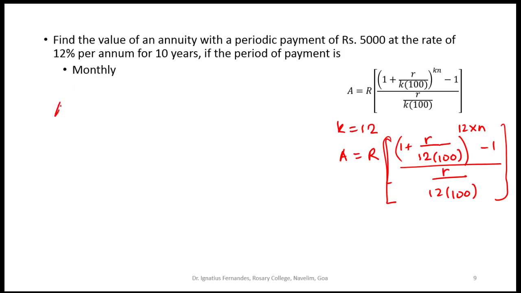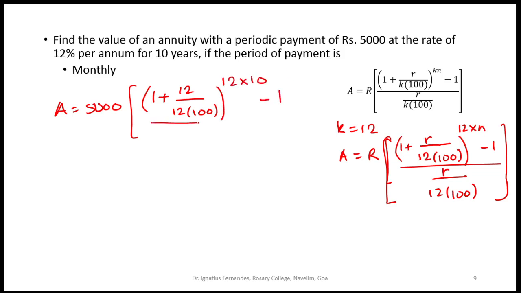So in this case, for this example, periodic payment is 5,000 on monthly basis. 1 plus R here is 12% upon K, we have put it as 12 into 100. This raised to 12 into 10 minus 1 divided by 12 upon 12 into 100.